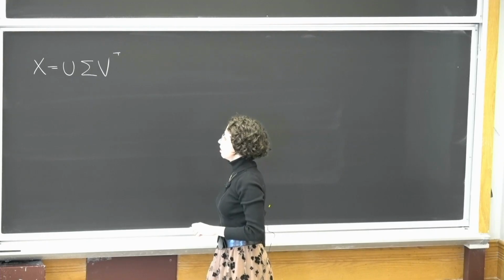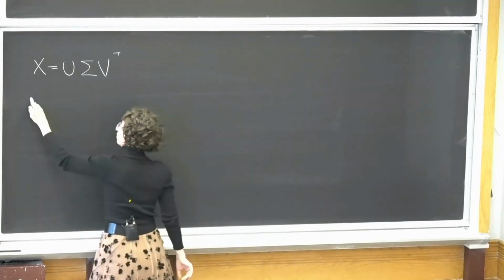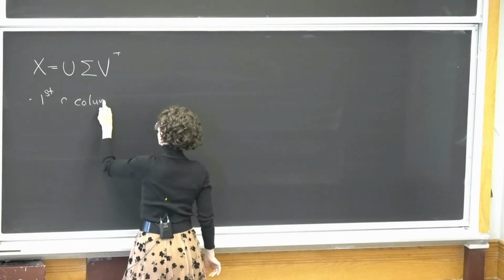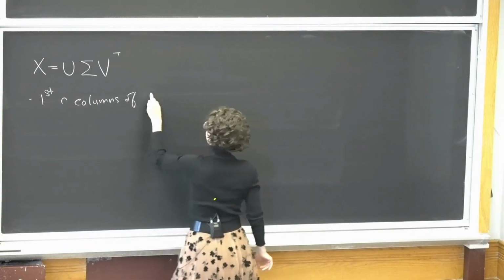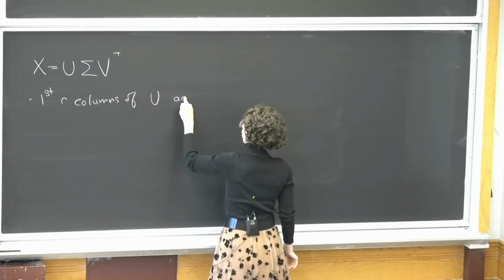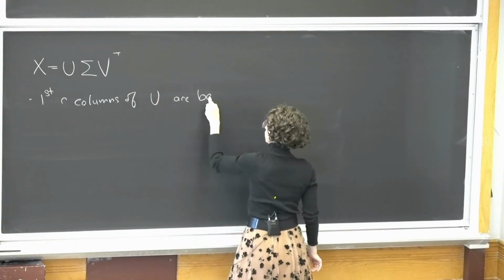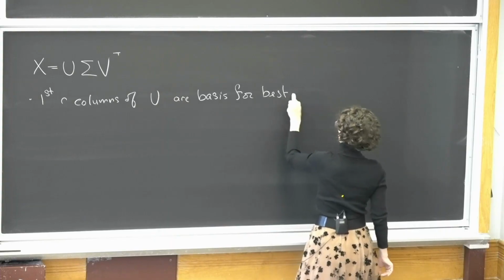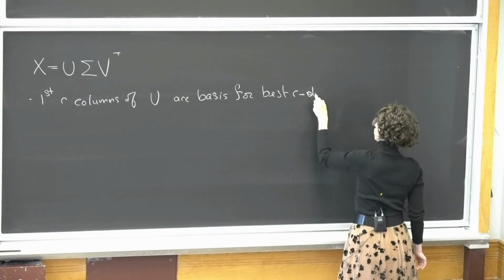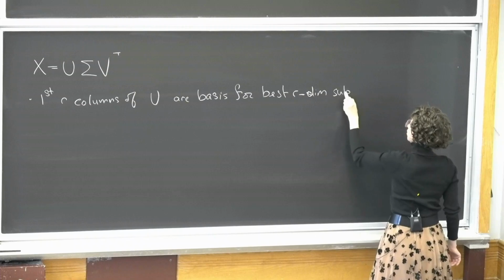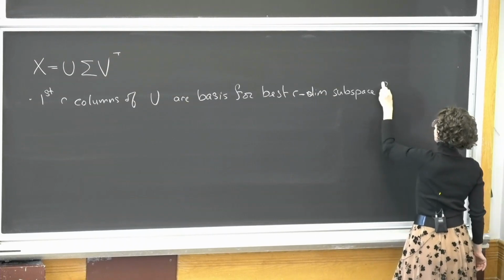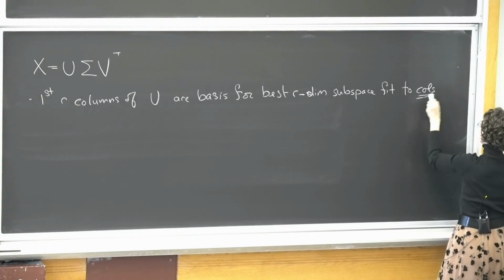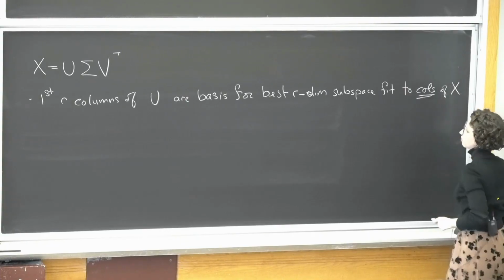What is true is that the first R columns of U are a basis for the best R-dimensional subspace fit to the columns of X.